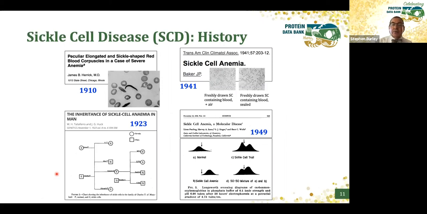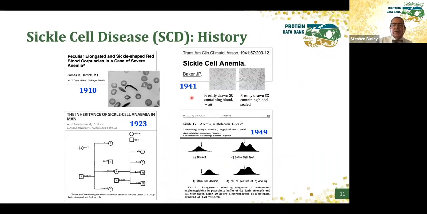They're carriers of the gene, and unlikely to be affected by a sickling crisis, except in very, very rare situations of low oxygen.